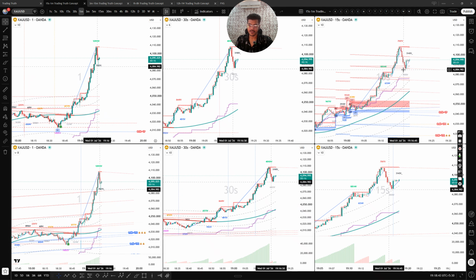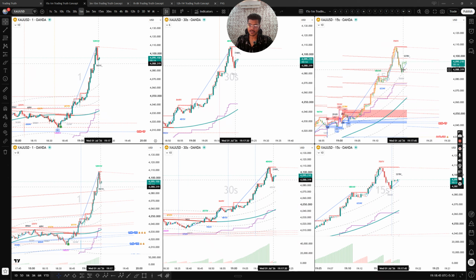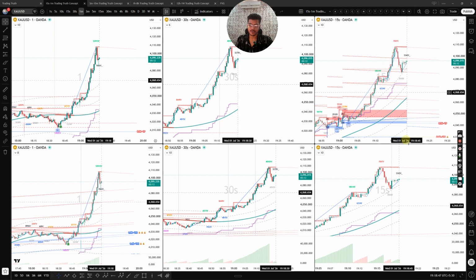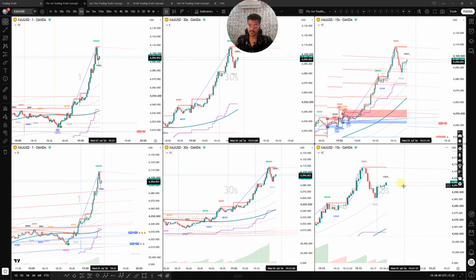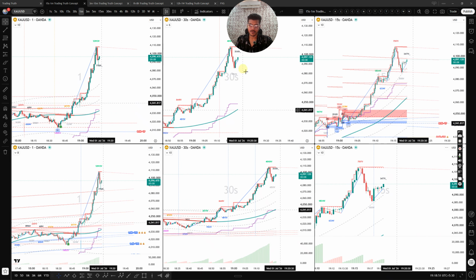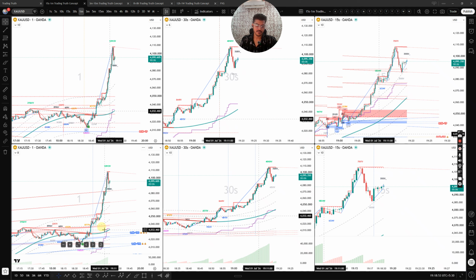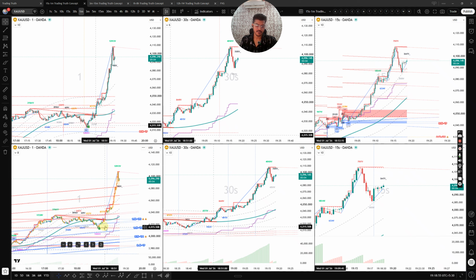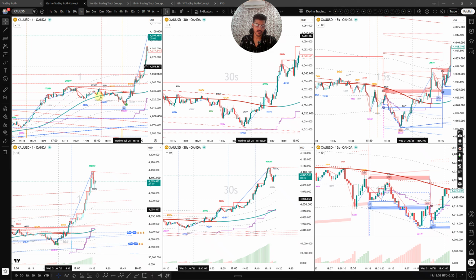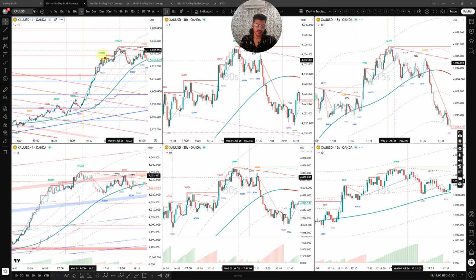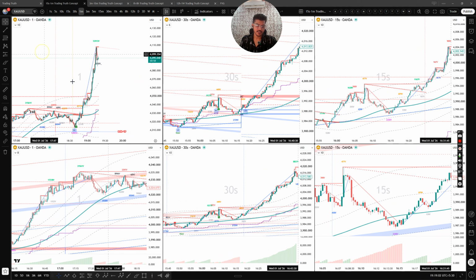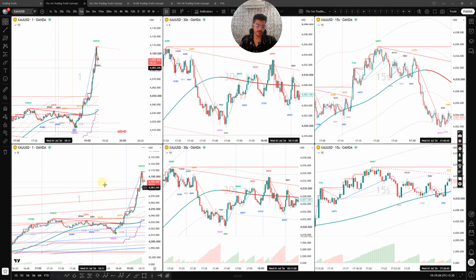Let's see if we build some new descending structure. The market is trending up really well. So we were already in the markup phase from here. All three of the targets got hit here as well on the 1 minute time frame.